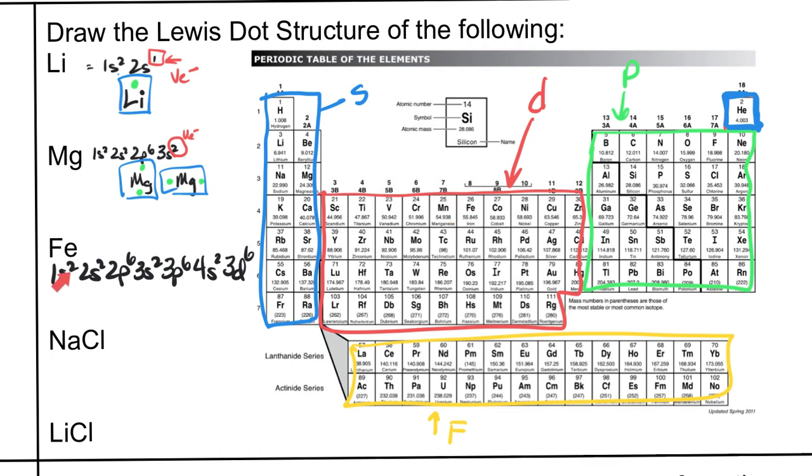Another way to figure this out is if we add up the exponents here, all of these exponents should equal the atomic number of iron.